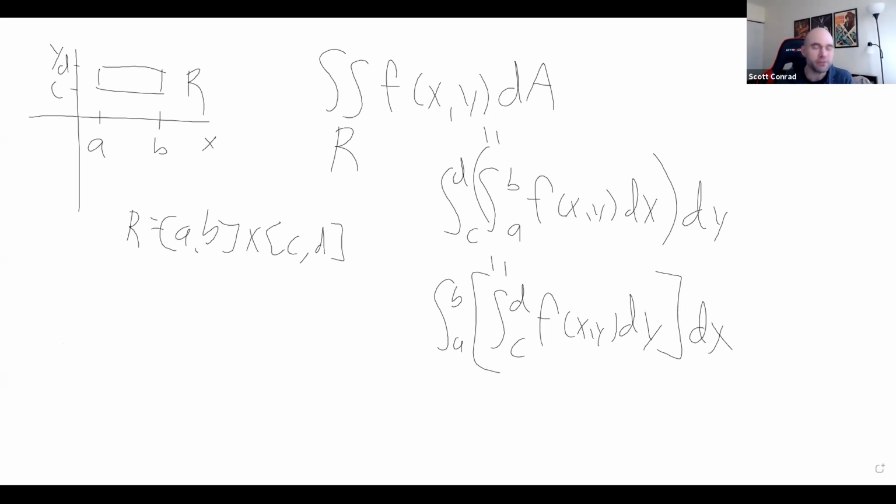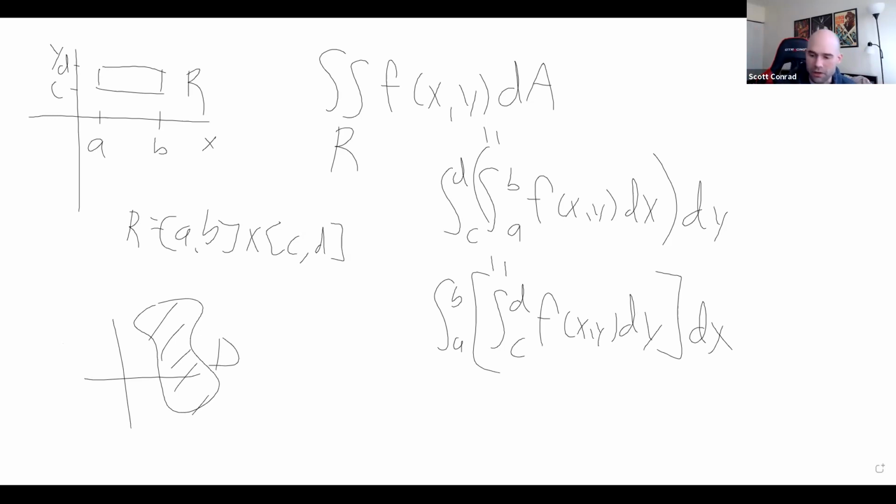But for functions of two variables now, you're integrating over a region in the plane. You could have a simple function to integrate, but a complicated integral to evaluate, because now you can integrate over complicated regions in the plane.